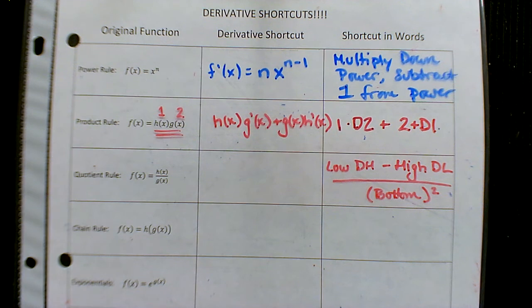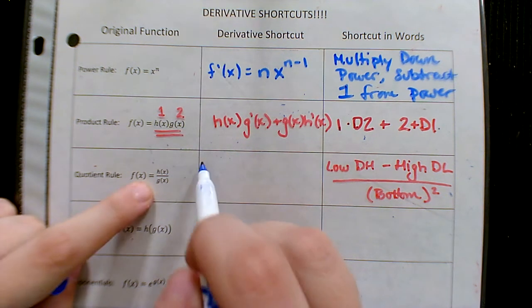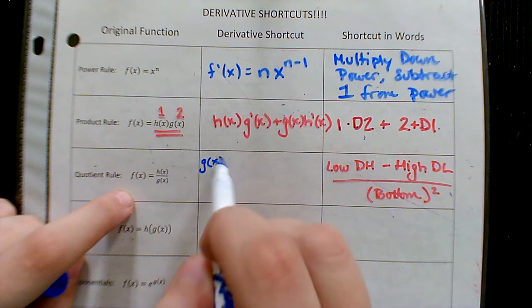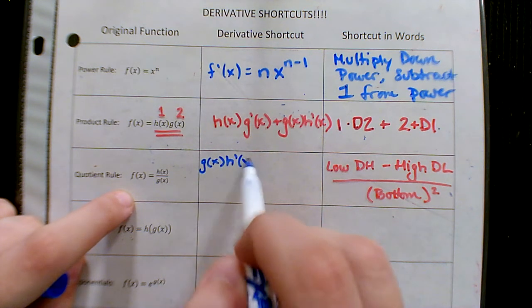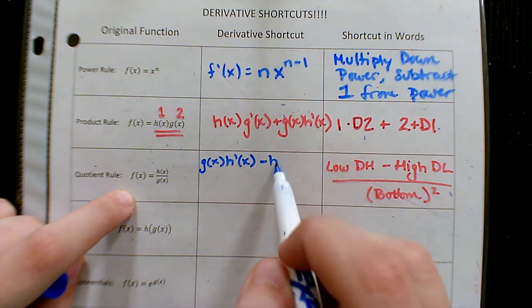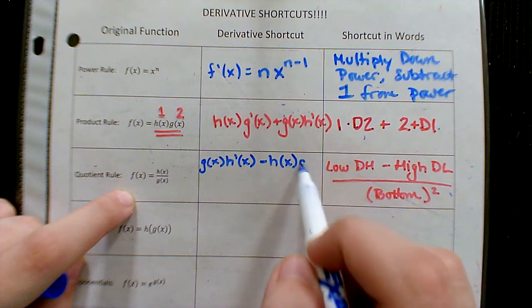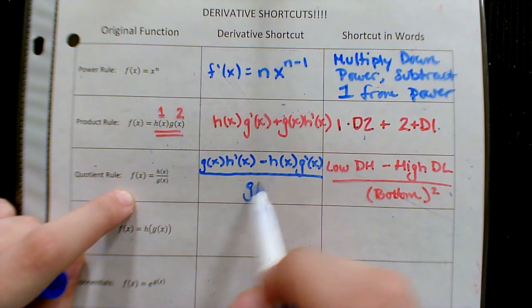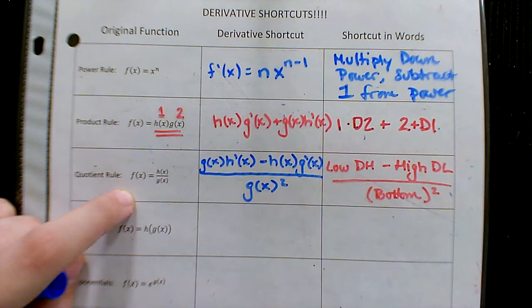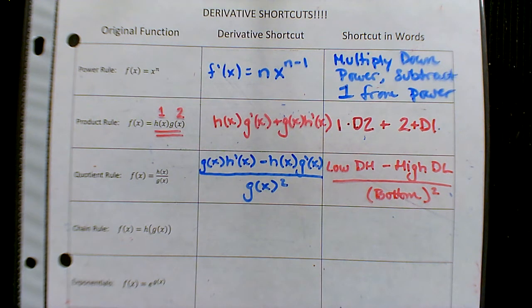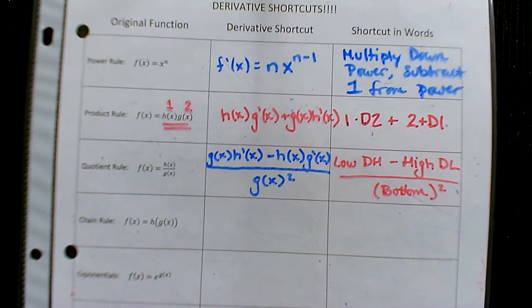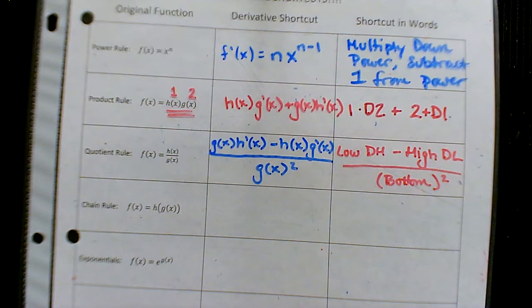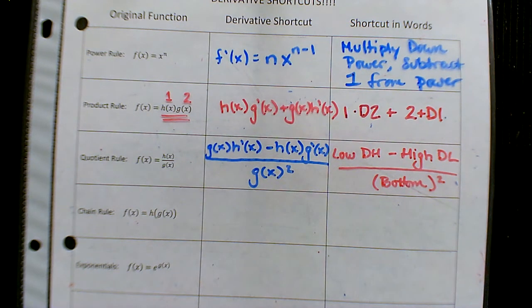All right, so applying that shortcut phrase to our functions, we would have g of x times h prime minus h of x times g prime all over g of x squared. We doing okay so far?